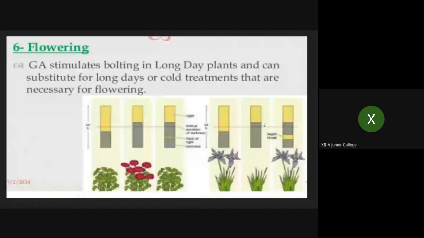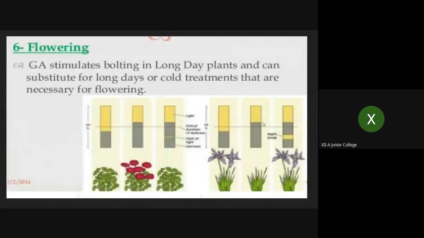And there is bolting. Generally some plants need a cold period, and until they go through the cold time period, they do not show flowering. So in such cases, the time taken for flowering of the plants will be more.